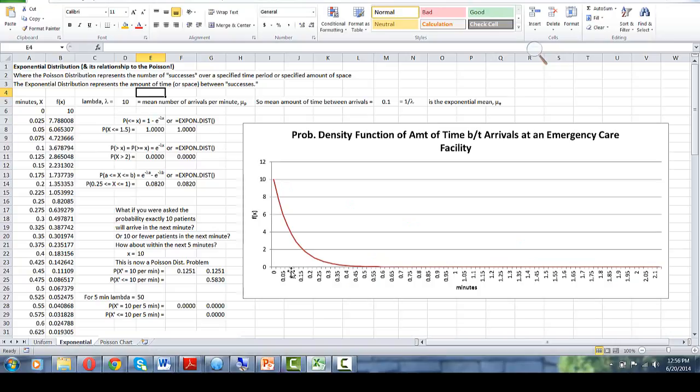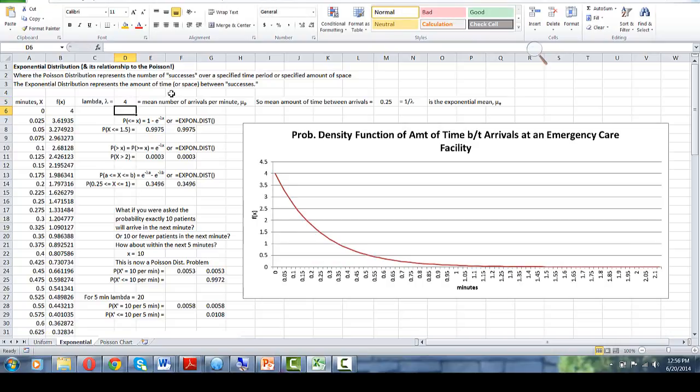So it certainly depends on what the average is. The average amount of time between arrivals is actually the reciprocal of this value here, the mean number of occurrences, of arrivals, of successes per time period or per space. Okay, let's go back to 4.